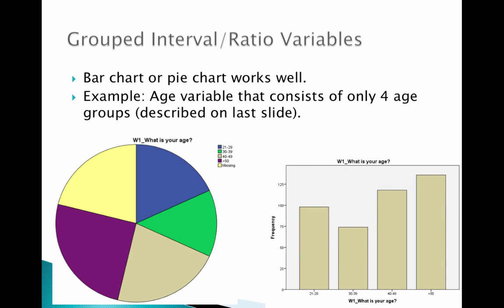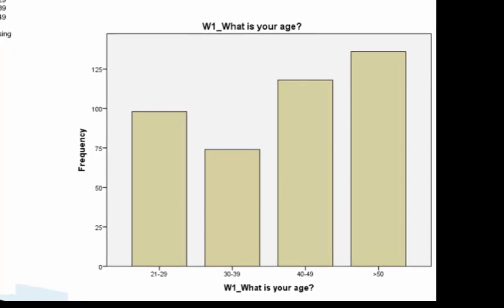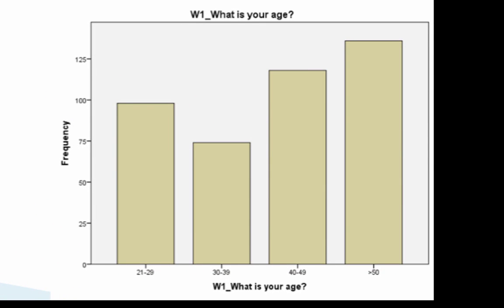Now we can see how many people were 21 to 29 years old, either in the blue pie slice or in the first bar chart. And notice that now that we create a bar chart, there are spaces in between the bars themselves, unlike the histogram. And we see that the age groups themselves are the actual categories, not the codes 1, 2, 3, and 4.